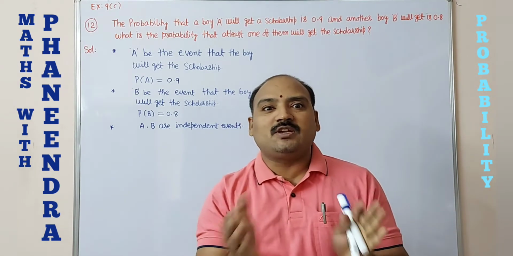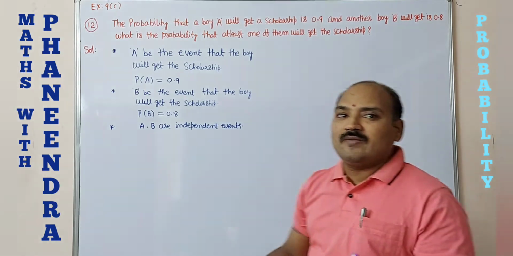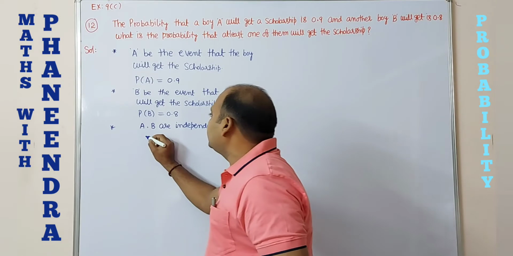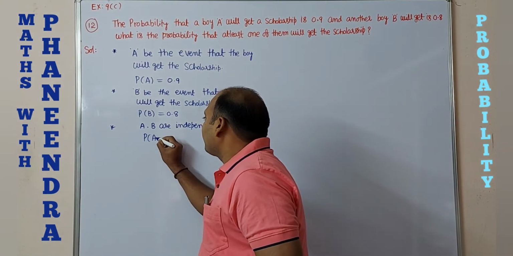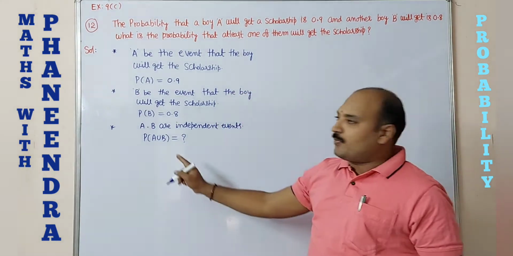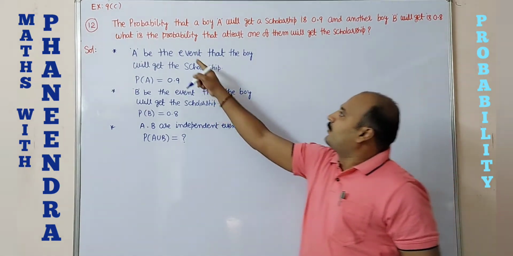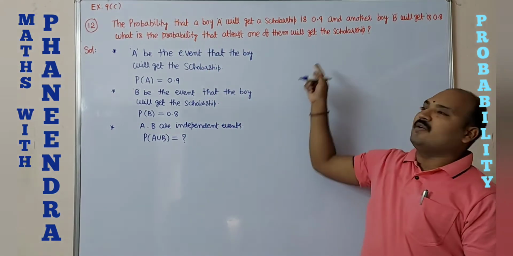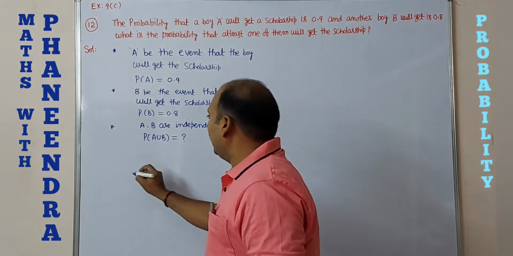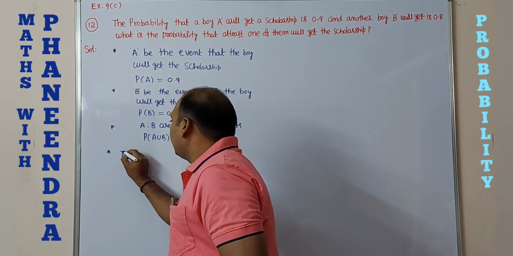Either or means A union B. So whenever it is A union B, probability of A union B is required. The meaning of probability of A union B is the probability that at least one of them will get the scholarship. So P of A union B, conclusion step.